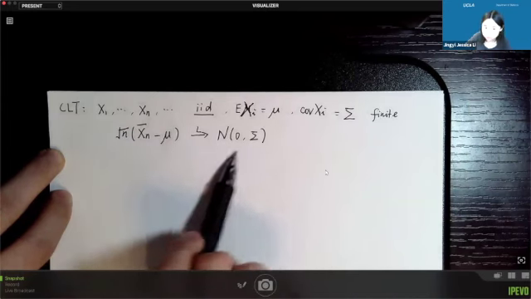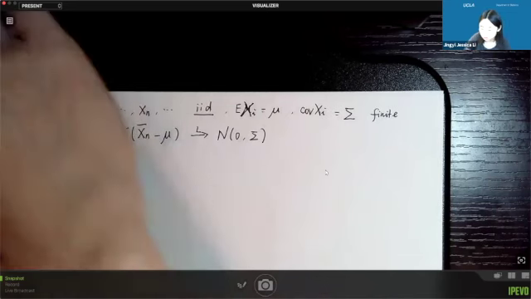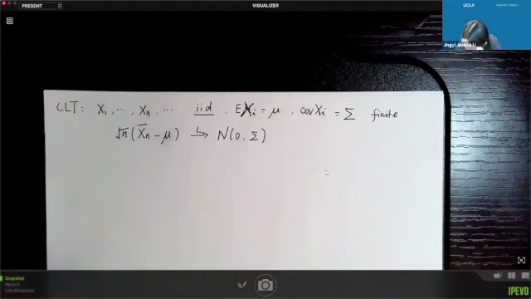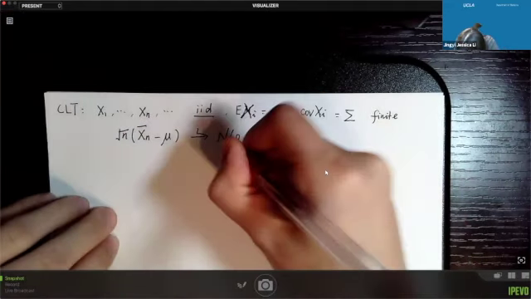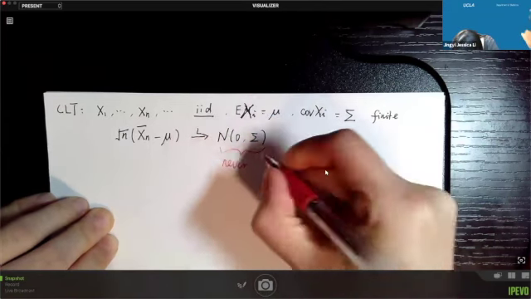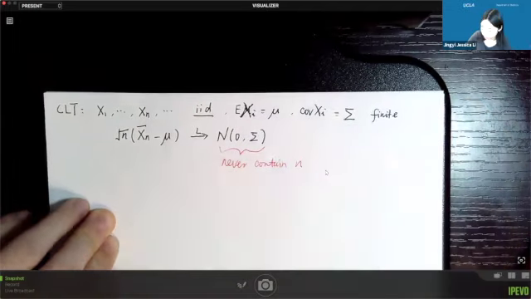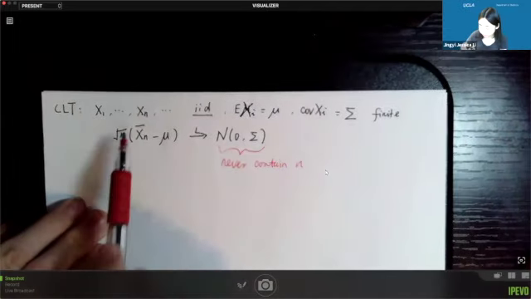If n appears on the right-hand side, then you should question your result. That doesn't make sense. This part should never contain n, and everything about n should be put on the left-hand side.